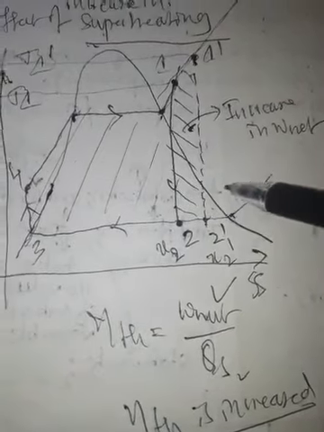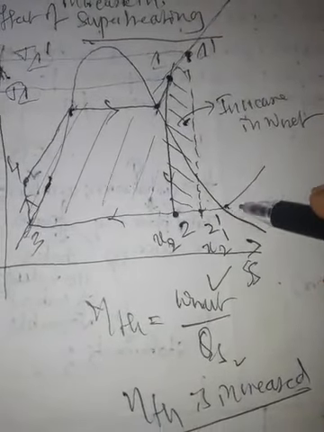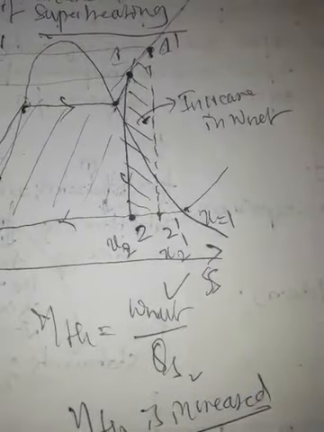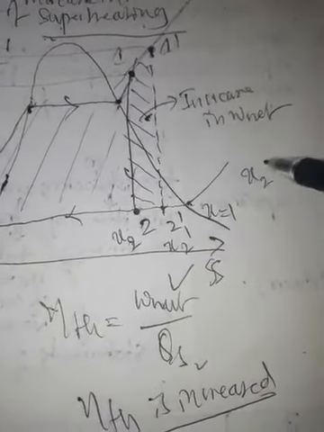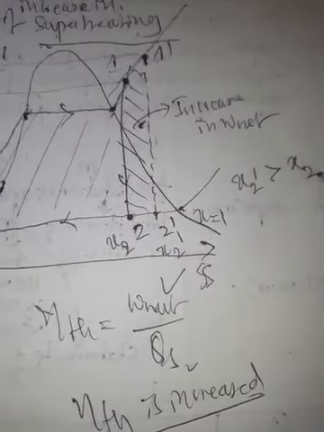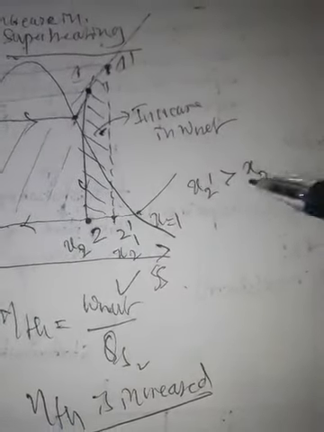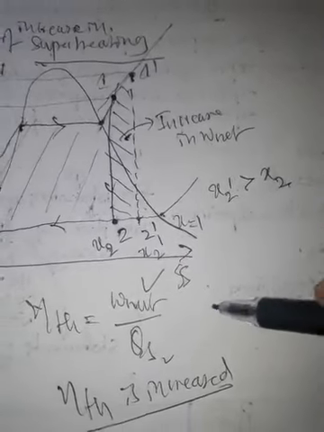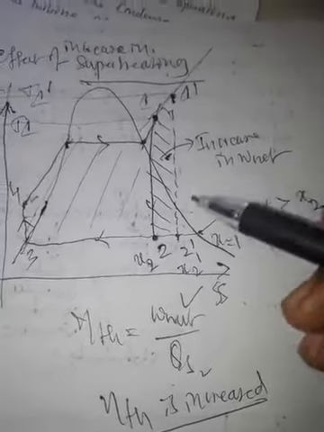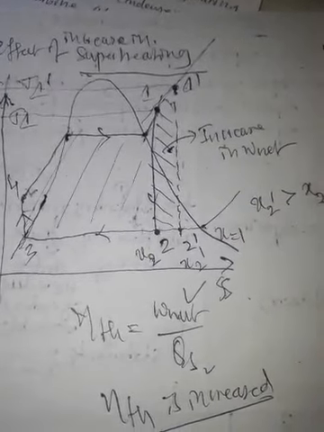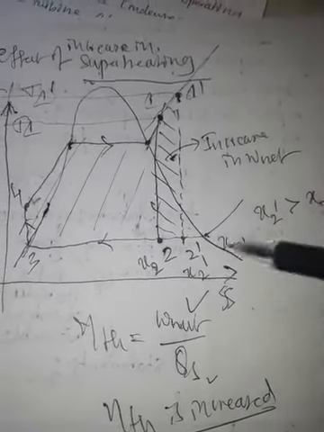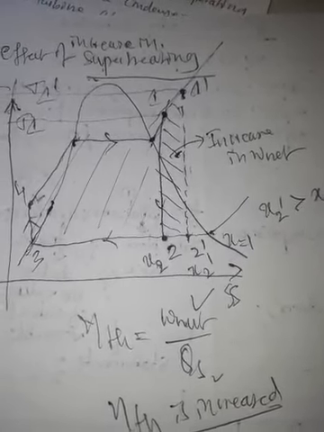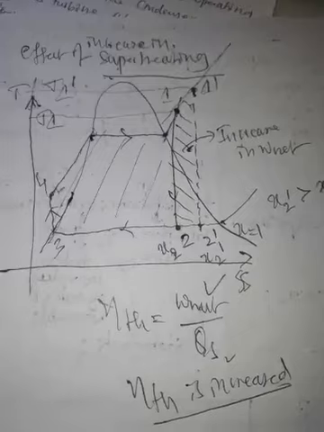So if you observe, x2 dash is tending to the value x equal to 1, that is the dryness fraction is increasing, that is x2 dash is greater than x2, means more dry steam leaves the steam turbine. That is an additional benefit of superheating. So if wet steam is formed inside the steam turbine, it creates erosion of steam blades. So it is one more benefit for us.